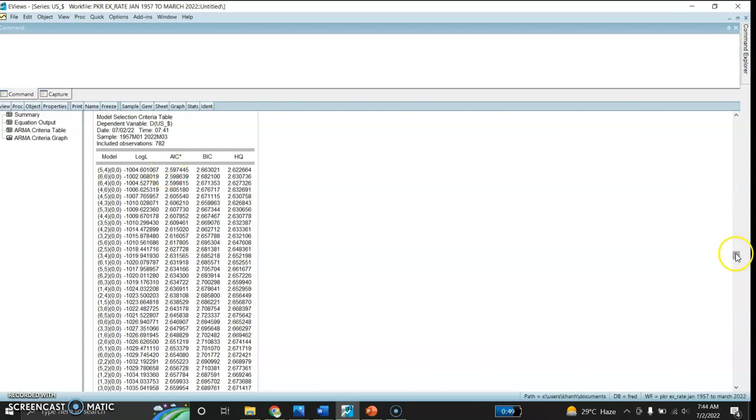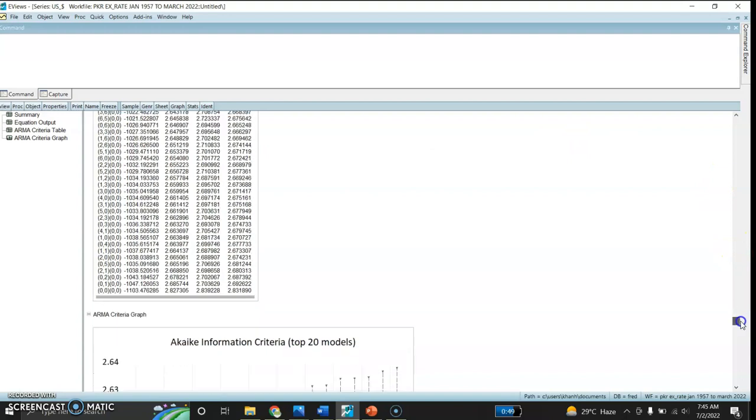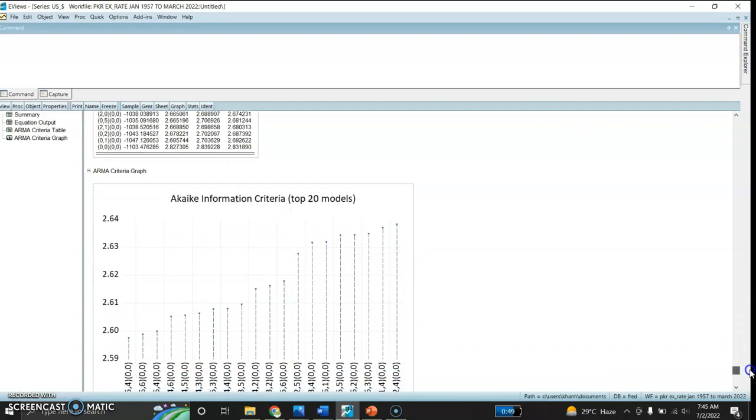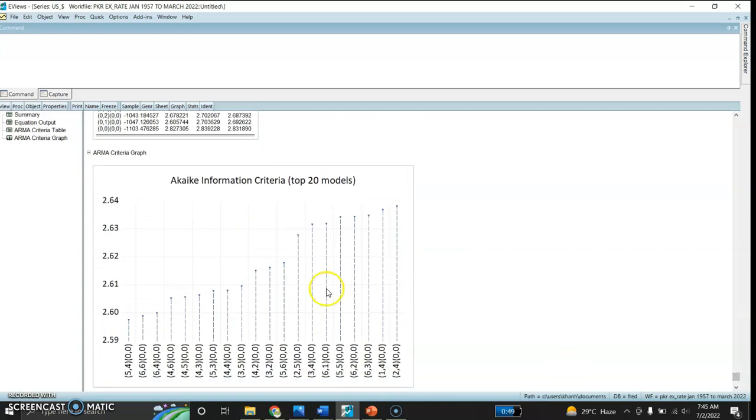criteria. Coming to the ARIMA criteria graph, by default it has taken top 20 models here using ARIMA information criteria, and these vertical dotted lines show the value of ARIMA information criteria.